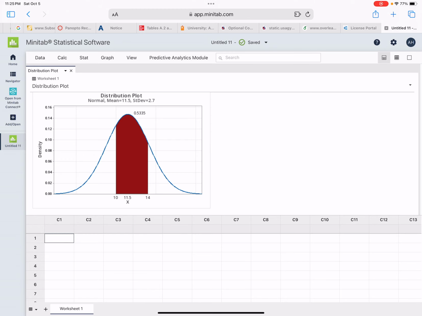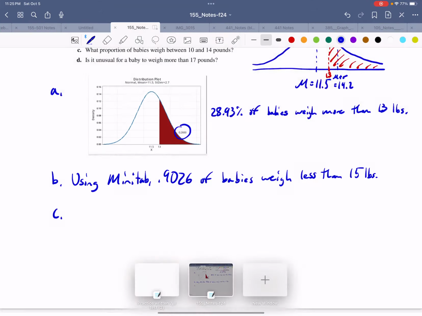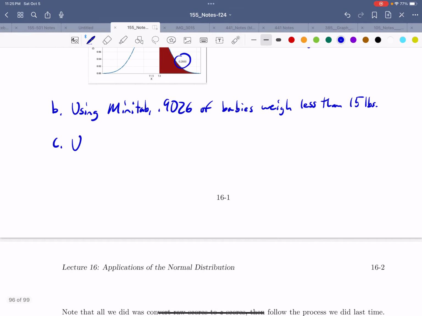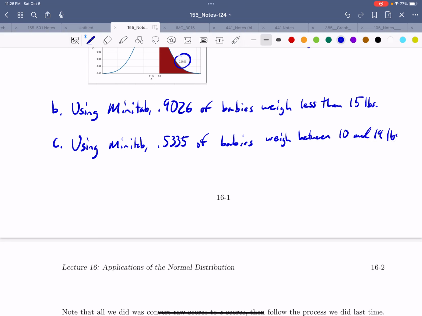See that? 0.5335. So again, using Minitab, 0.5335 of babies weigh between 10 and 14 pounds.